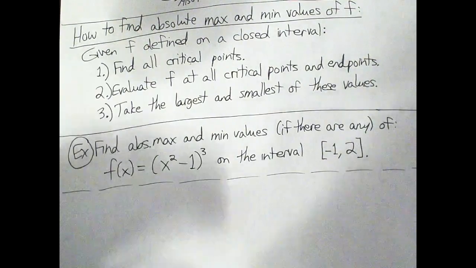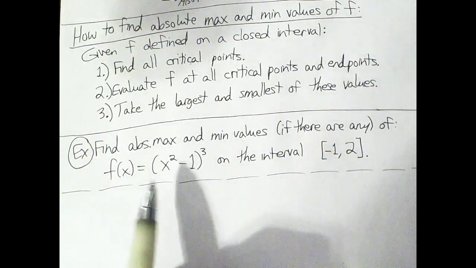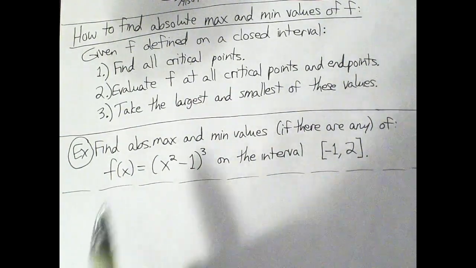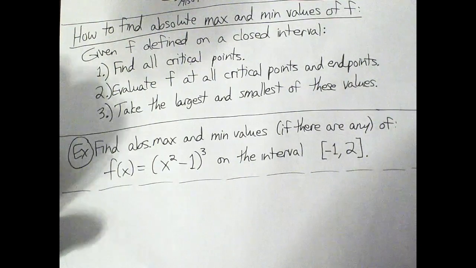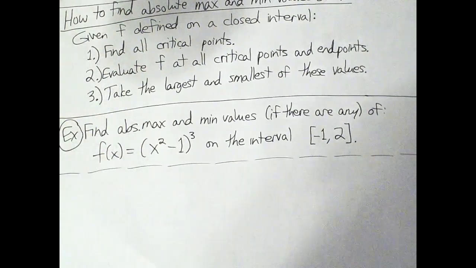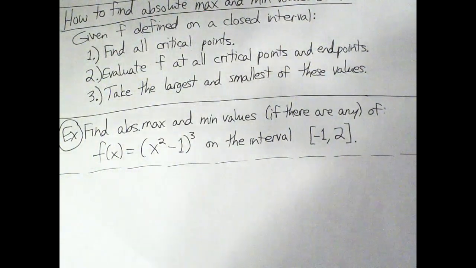We're going to do this without graphing it. I know that we've looked at some graphs today, but this function doesn't seem easy to graph, so we're just going to do this based on this 3-step process. Now, to find all critical points, we need to find places where the derivative equals 0 or where the derivative is undefined. Well, in order to do that, we need to find the derivative.